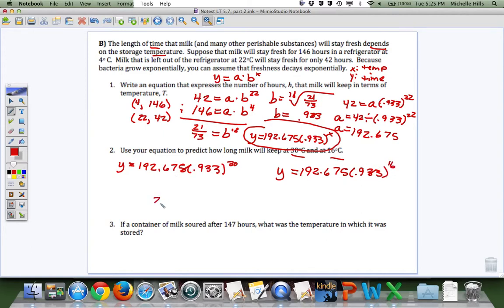So the first one is about 24.1 hours, or to the nearest hour, which usually it will ask you to round to, 24 hours. And the second one would be about 63.5 hours, and unfortunately I rounded that, so I want to see if it's really 63 point less than 5 or 63.5. 192.675 times 0.933 to the 16th power is 63.52, so to the nearest hour, it would be 64 hours.